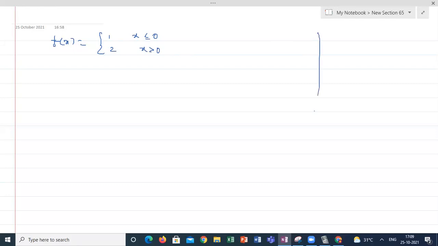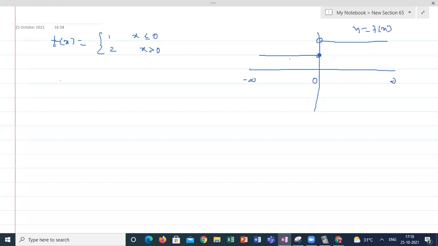That means if I'm taking the graph for this, for all values x less than or equal to 0, f of x is 1, and for values x greater than 0, f of x is 2, in open interval. This is the graph for y is equal to f of x. It's a piecewise function. From minus infinity to 0, this is the graph, and 0 to infinity, this is the graph.